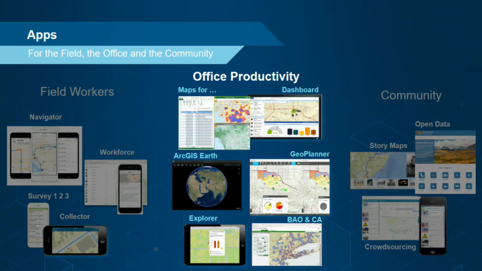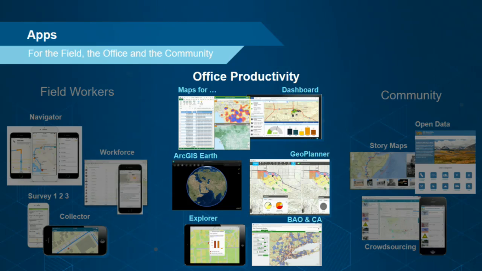When you put all these apps together and configure them in the right way in your organization, it makes this beautiful melody and symphony. I thought it was a really nice metaphor, so I wanted to hit it again and give you the idea that there are many different types of apps on the platform. Some of them are built by Esri, just like this one, Esri Maps for SharePoint, is an Esri-built app. Some of them are not built by Esri, and you can buy them from third-party vendors.